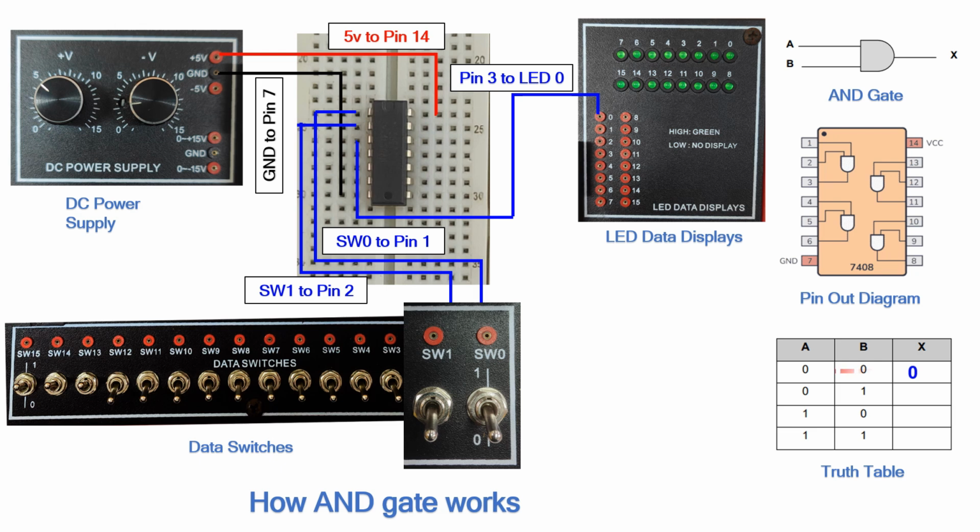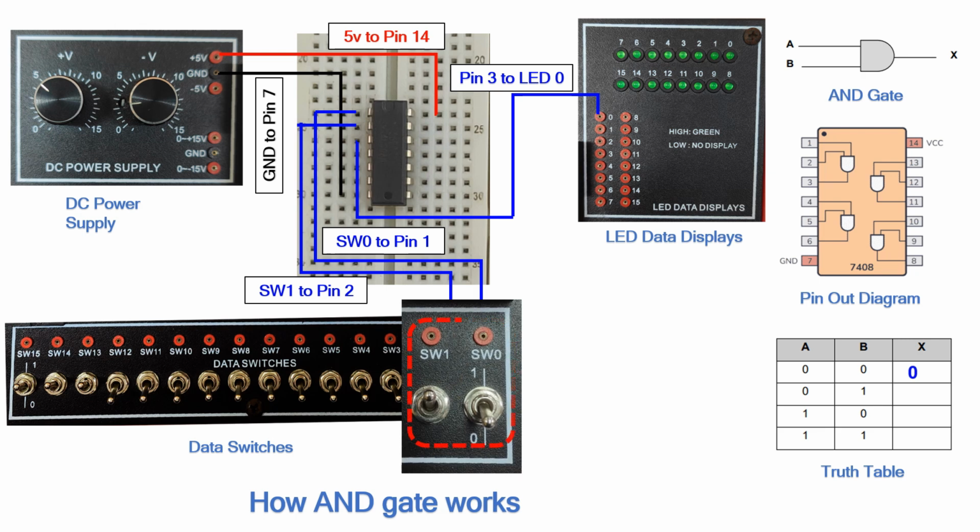Next, truth table row number 2 shows input A is set to 0, while input B is set to 1. So we need to turn on only SW1. Again, we observe the LED data display, and LED pin 0 still does not light up. That indicates 0 at the truth table output.